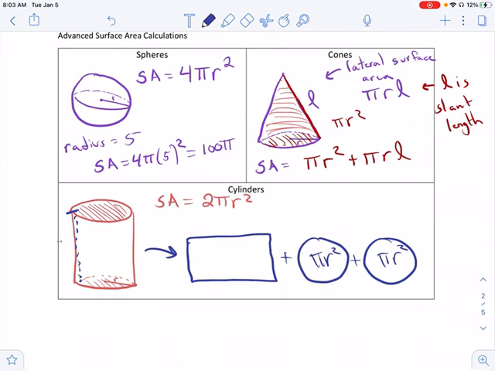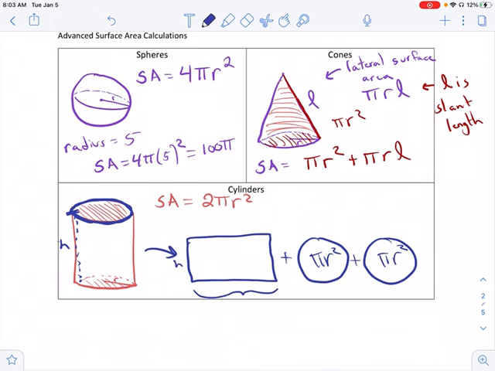So if I'm given the height, which I generally am in these problems, I've actually created a rectangle here where I have this height value, and if we take a look at unwrapping this up here, that distance is also the distance around one of these circles.